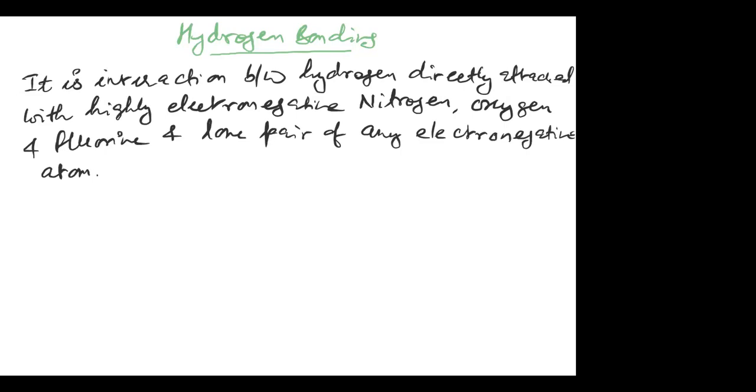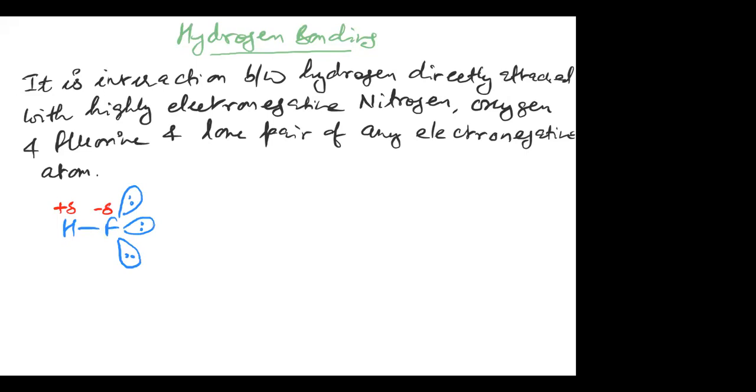Particularly, for example, in HF, fluorine consists of 3 lone pairs of electrons, with partial positive charge on the hydrogen and partial negative charge on the fluorine.